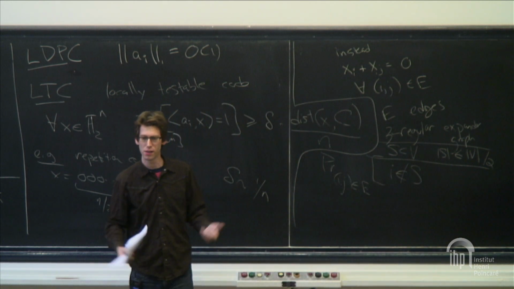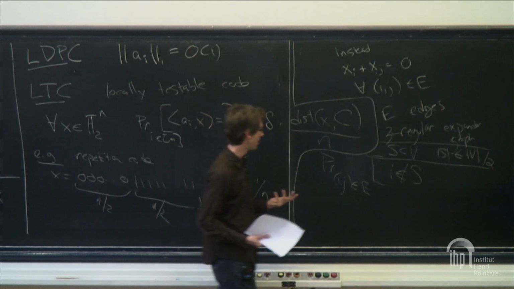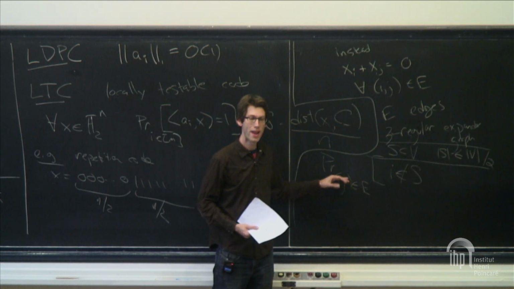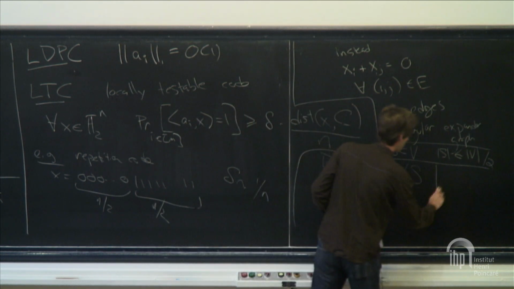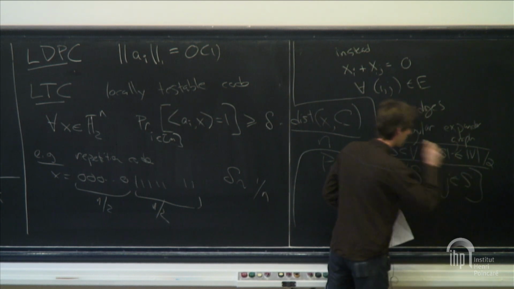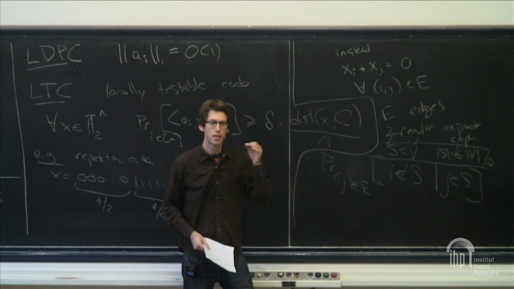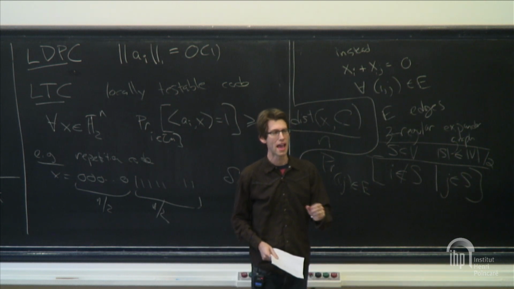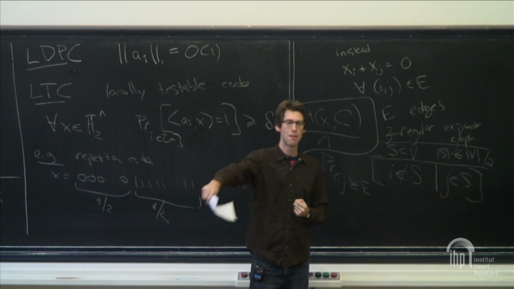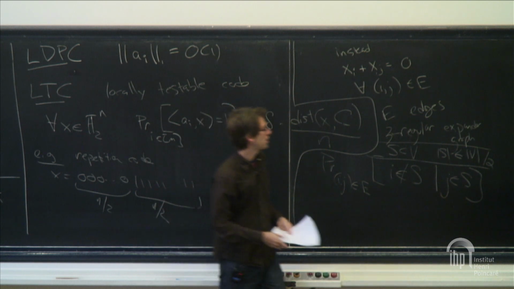So there are n vertices, and you have a subset of at most n over 2 of them. Now I'm going to pick a random edge, and I ask, conditioned on one point of this edge being in my set, what is the probability that the other point is outside of that set?